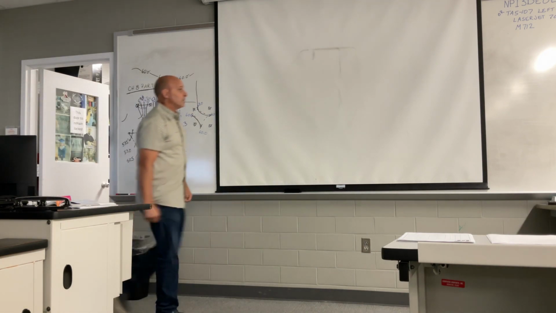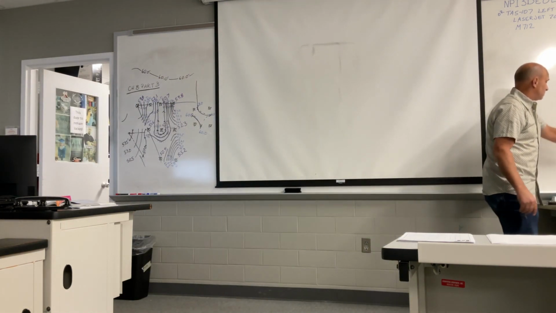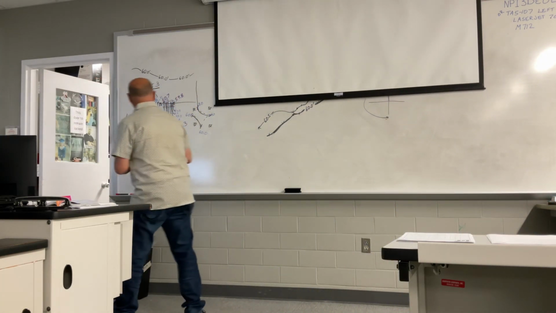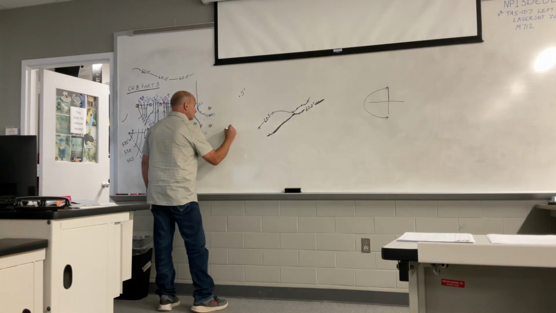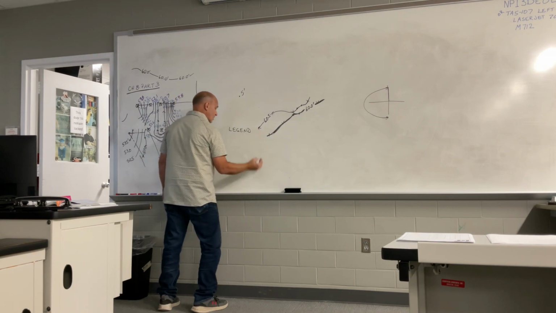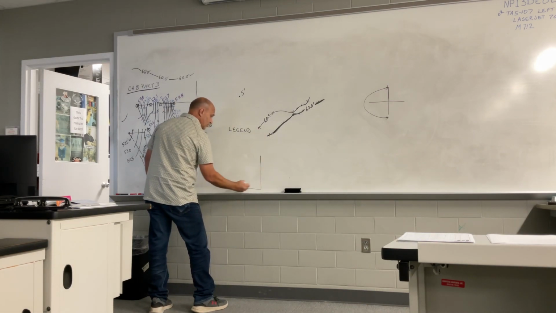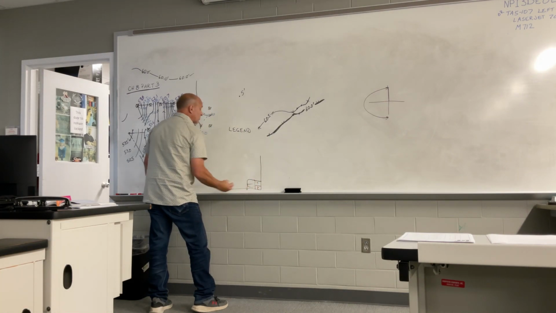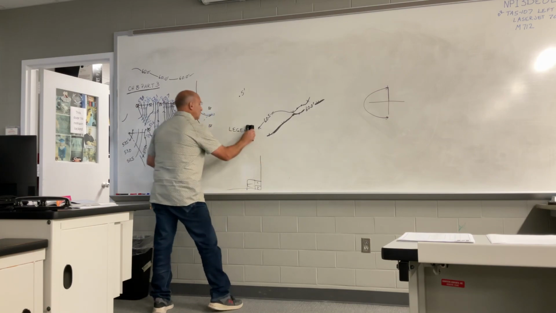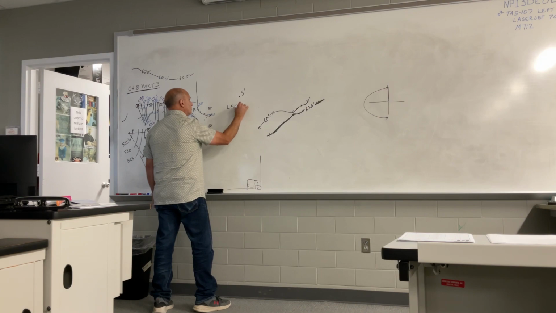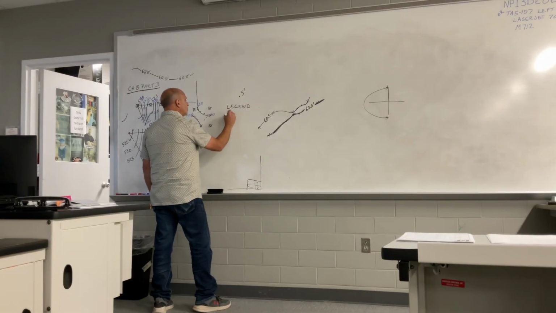In your legend, so in the legend for this sheet, we're talking about sheet 2. In your legend, you're still going to have your property corner.